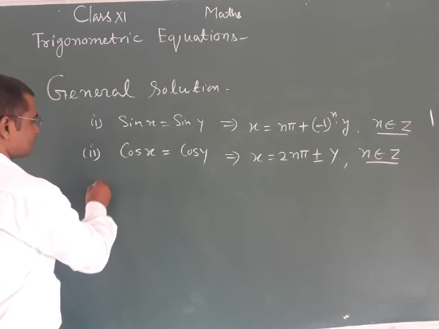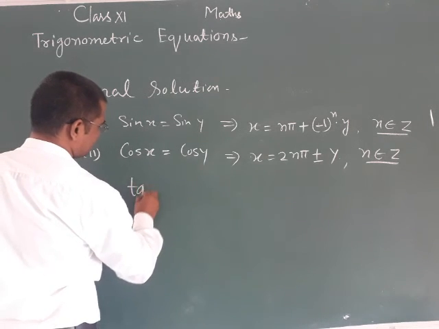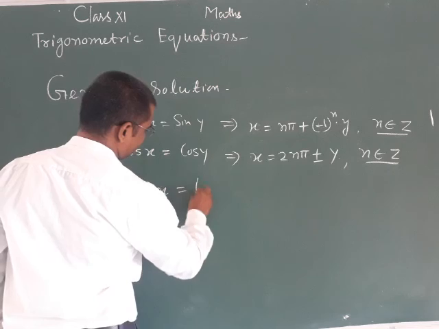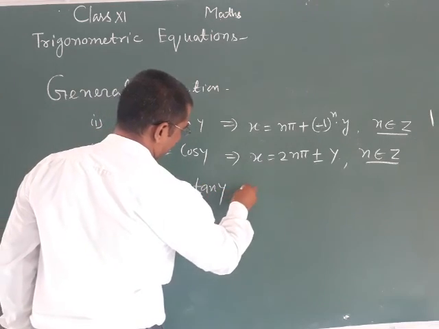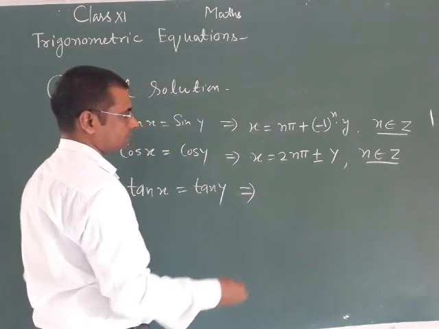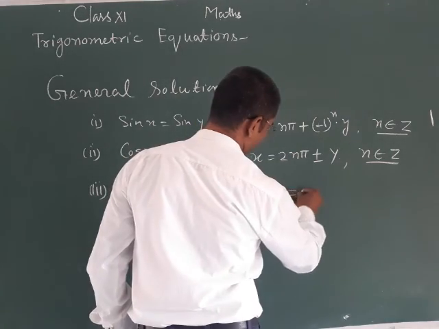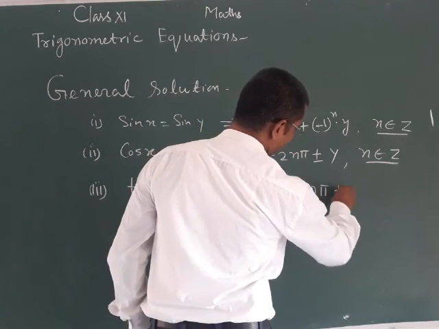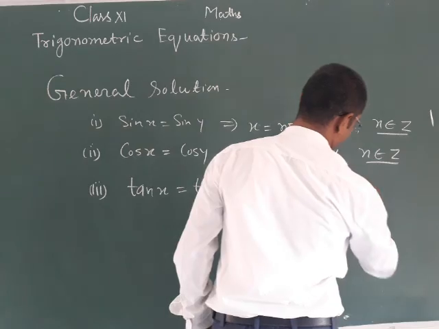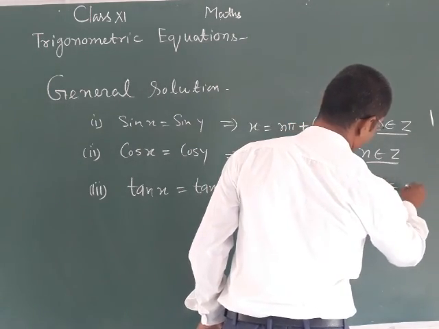Third equation, tan x is equal to tan y. This implies that x is equal to n pi plus y, where n belongs to Z.